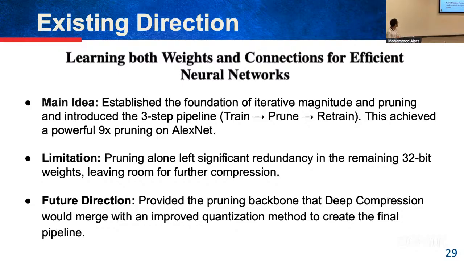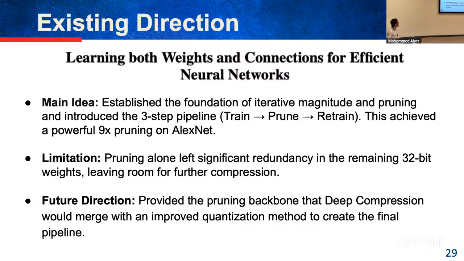Okay, and this is the third one, and this is the most important paper. The author of the deep compression paper, before they wrote this paper, was busy building the foundation for the pruning part of our paper. The main idea of this paper is that it established the foundation of iterative magnitude pruning.